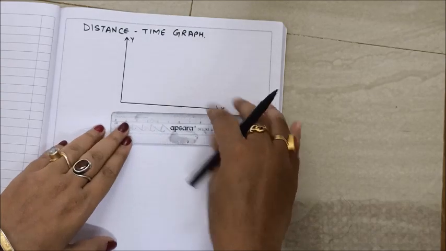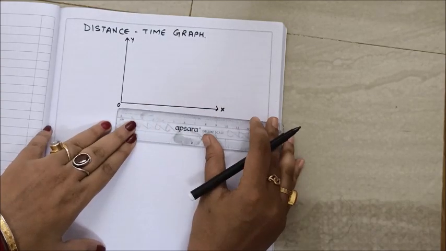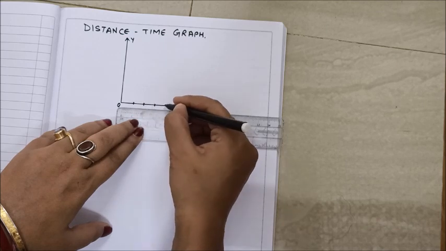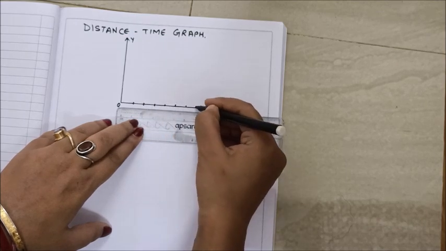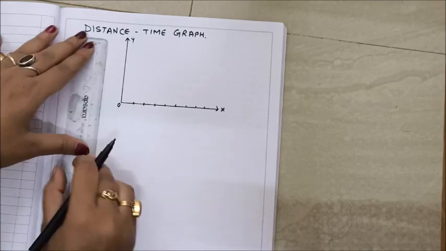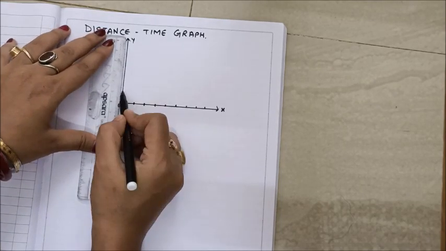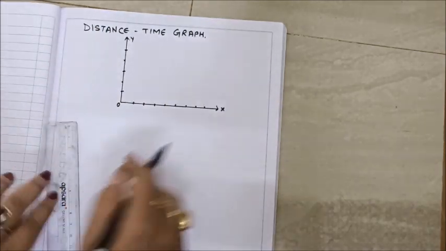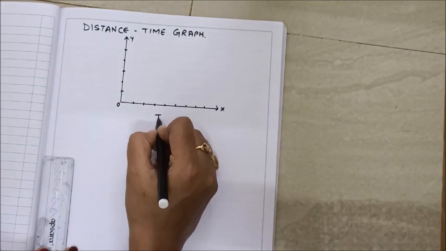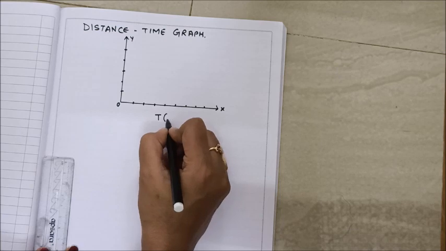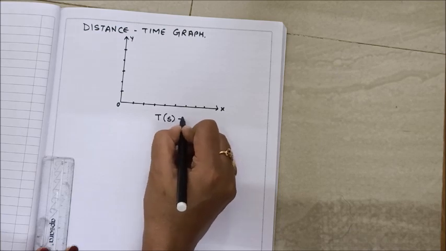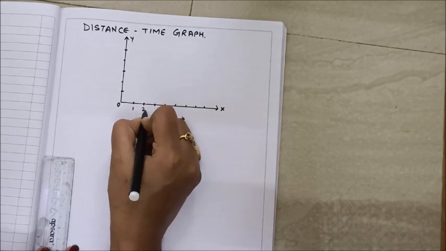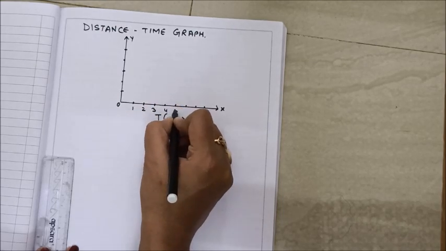Now, just for our convenience, from the origin, we mark 1 centimeter each on the time axis. Similarly, 1 centimeter mark on the distance axis. Time is denoted by the letter T with its SI unit of seconds and with an arrow mark that the time is going towards this 1, 2, 3 and so on.